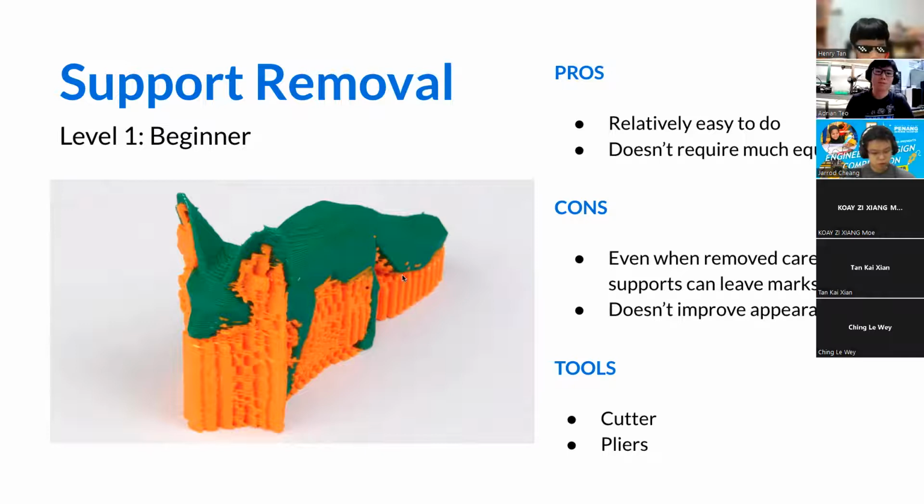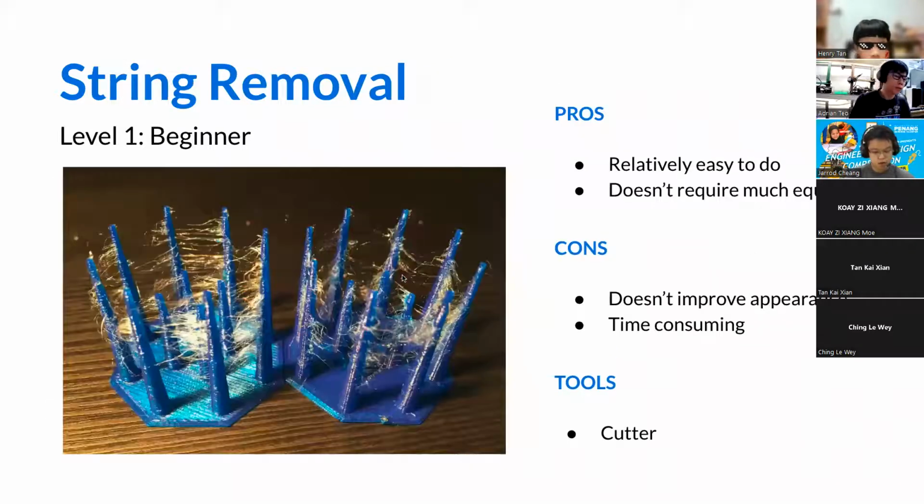Right, number two, also beginner, you need to do string removal. When you print something, you see there's a lot of these strings in this photo over here, right? You see a lot of these cobweb strings, we call it. You need to remove it with a cutter and tidy up, or else your part looks very messy.